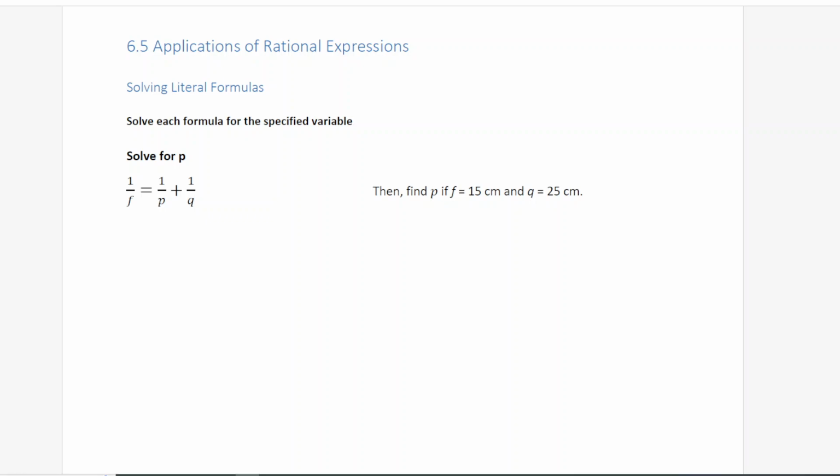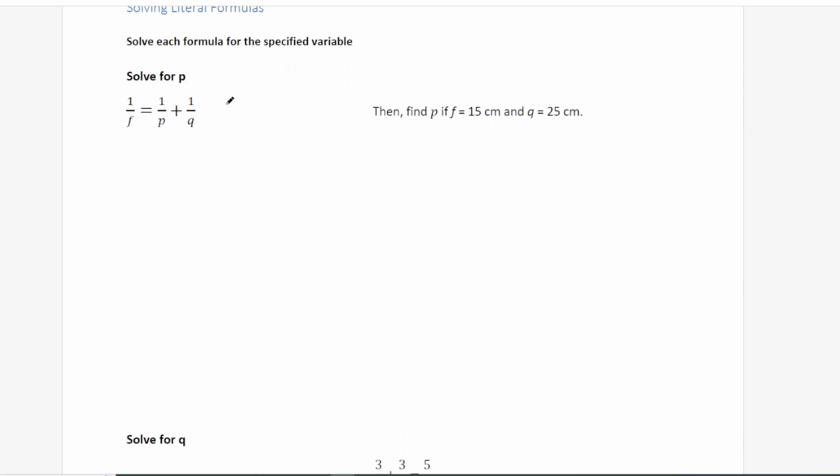So the first thing you're going to be asked to do is solve a literal formula involving variables in the denominator. So rational literal formulas. For this question, they want you to solve for p. To do that, we're going to do what we've been doing all through 6.4.